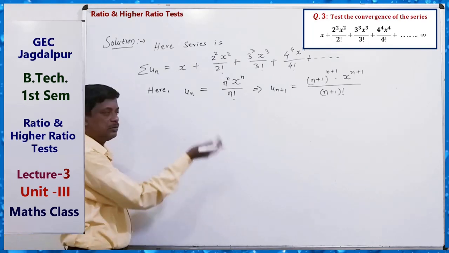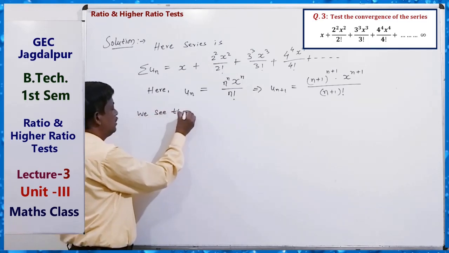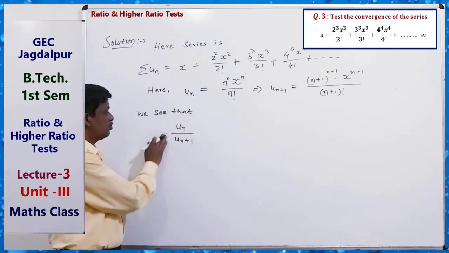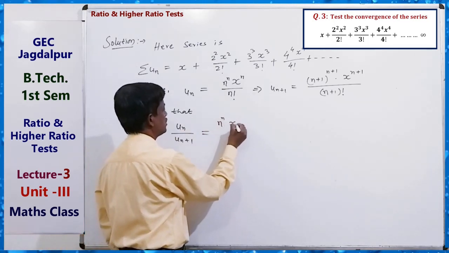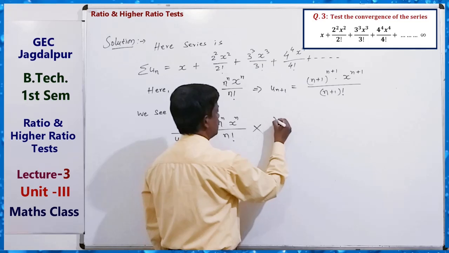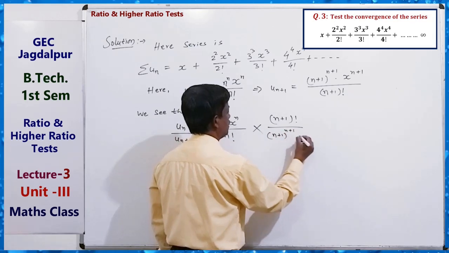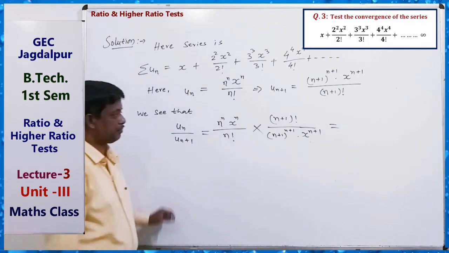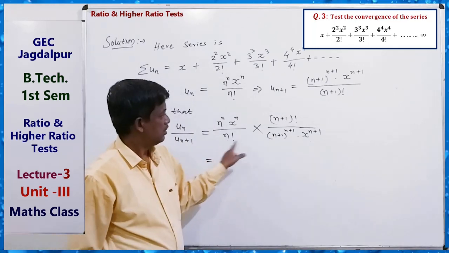So, just try the ratio test. We see that un upon un plus 1 equals n to the power n x to the power n upon n factorial, divided by n plus 1 to the power n plus 1 x to the power n plus 1 upon n plus 1 factorial.